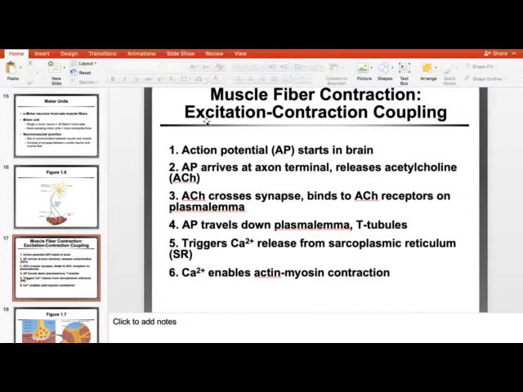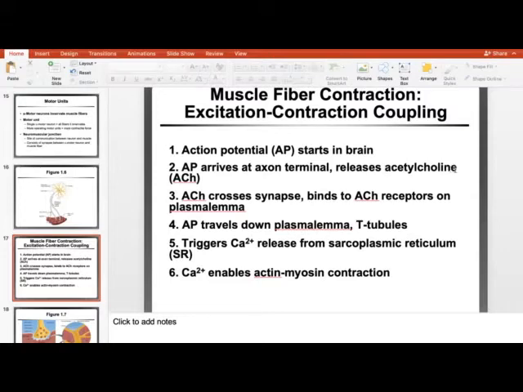In the discussion of excitation contraction coupling, it starts with number one, the action potential starts in the brain. I mean, you've got to question that in the first place, but let's assume it does. How it starts in the brain, don't know, but the action potential is going to travel down this alpha motor neuron. It's eventually going to get to the terminal branches, and the action potential is going to release acetylcholine.